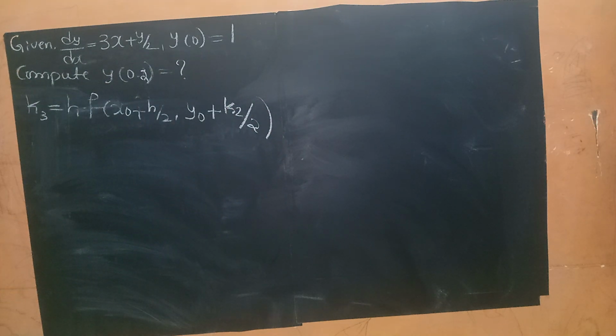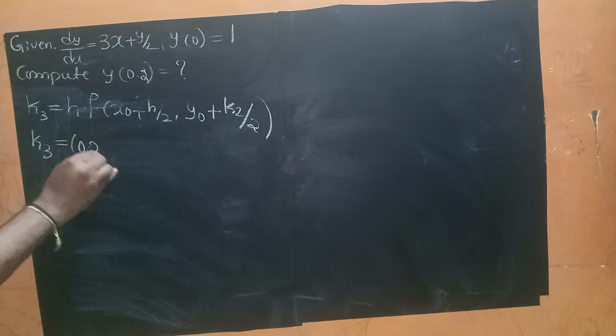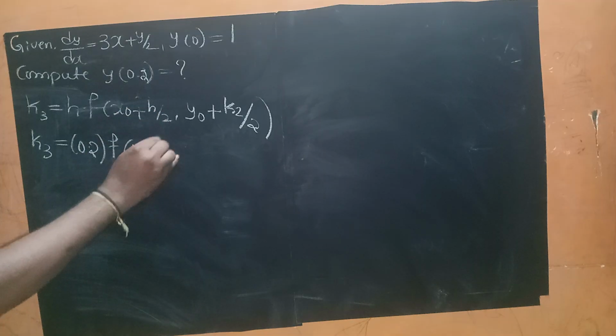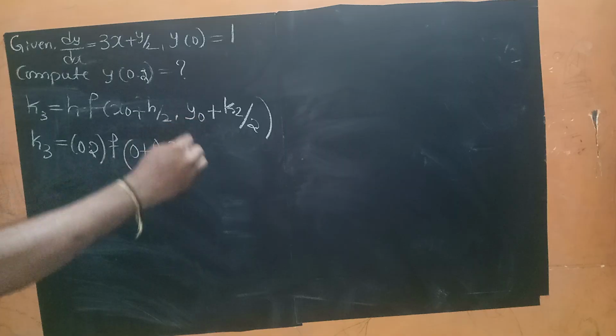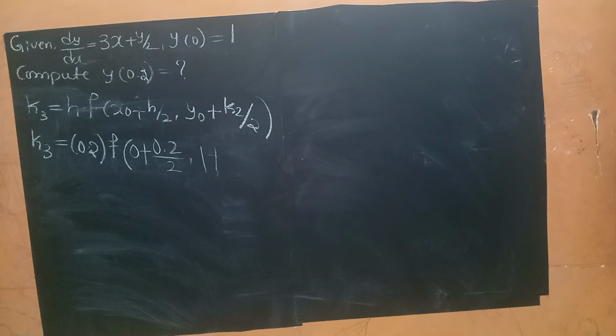So here finding x and y values is very important. Then we have to replace in the function. K3 equal to h value is 0.2, f of x0 is 0 plus h is 0.2 by 2, comma y0 is 1. They have given.